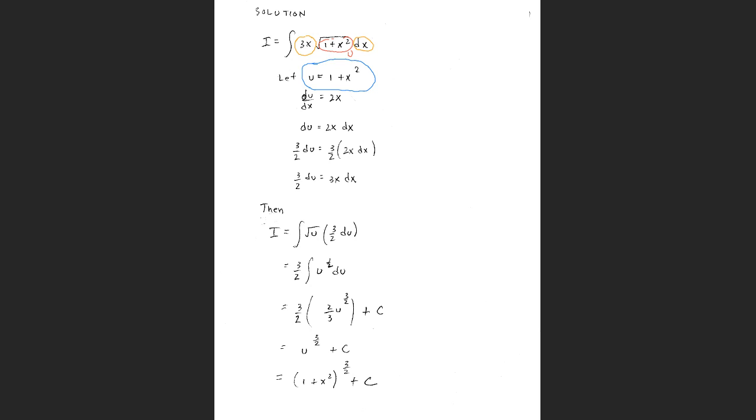All right. If u is equal to 1 plus x squared, du dx would be 2x. The derivative of 1 plus x squared is 2x.